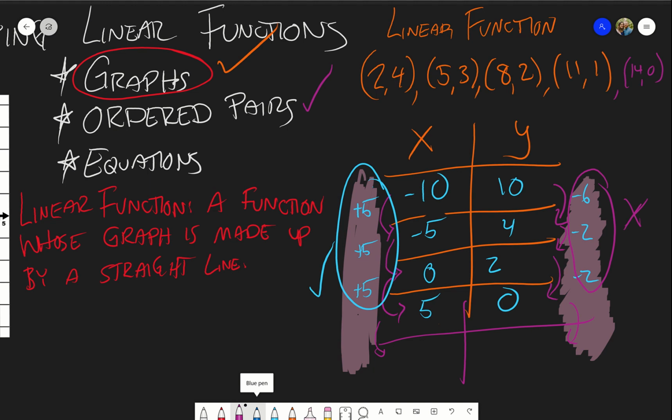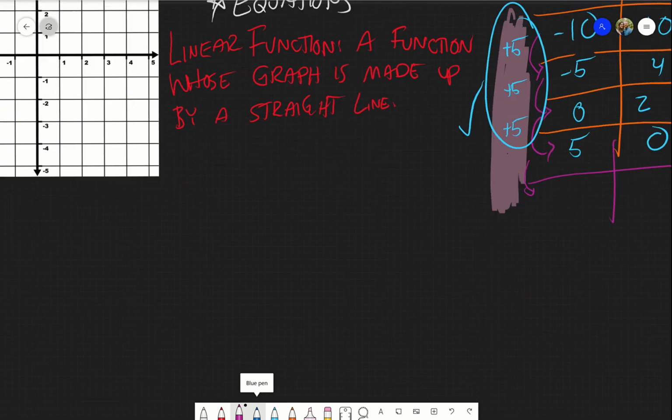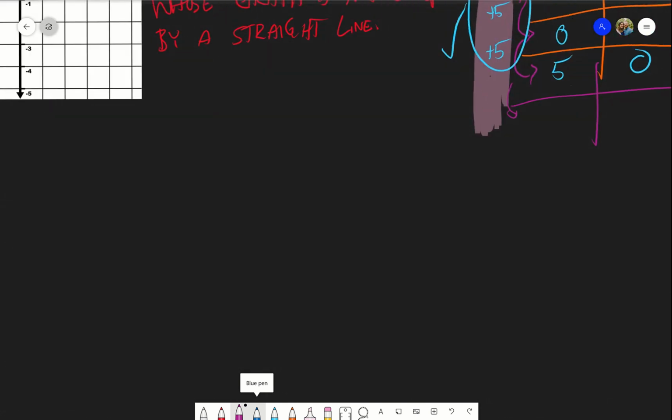Ordered pairs. Let's check that box, call it good. And then finally, the last thing we're going to see is dealing with equations and being able to identify a linear equation.